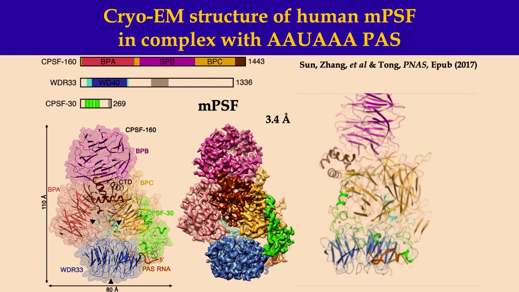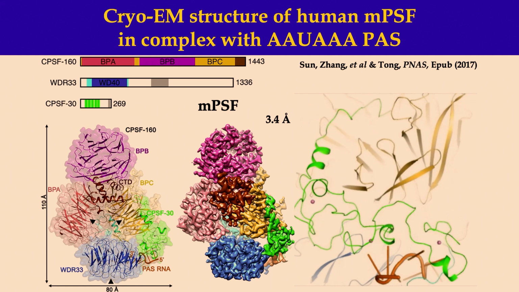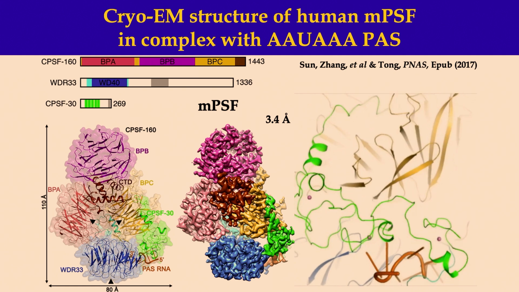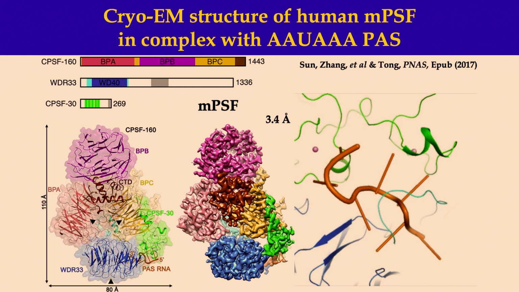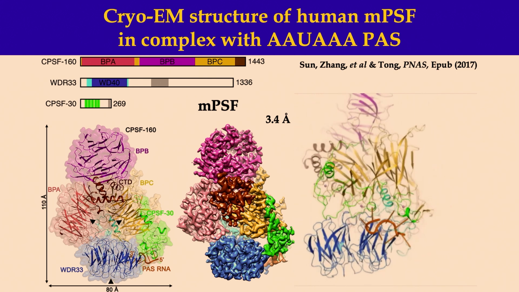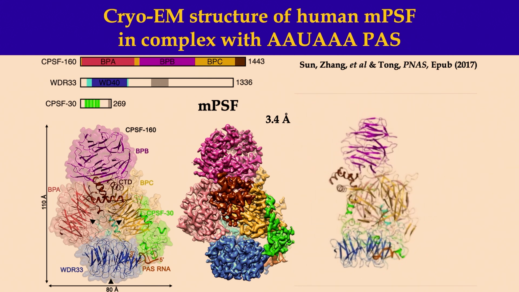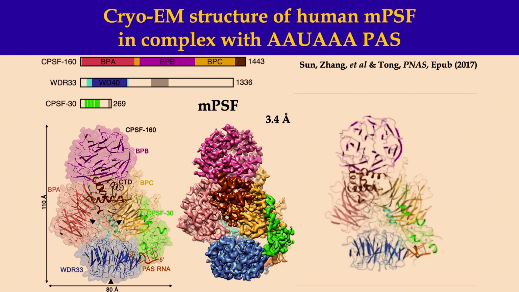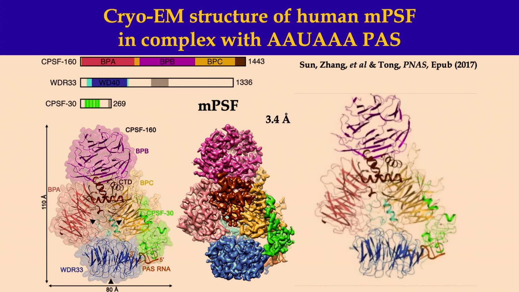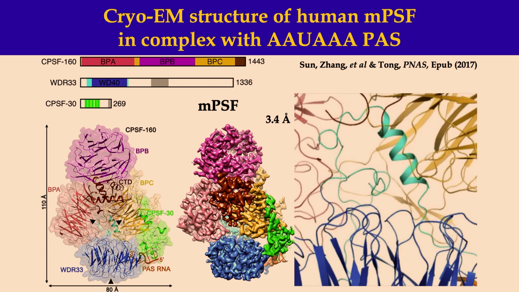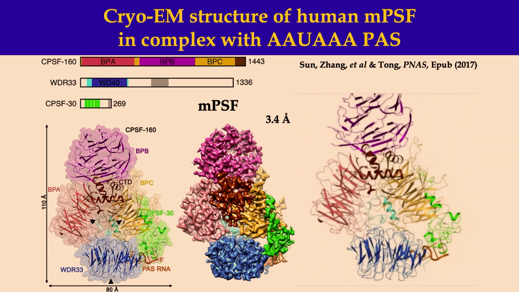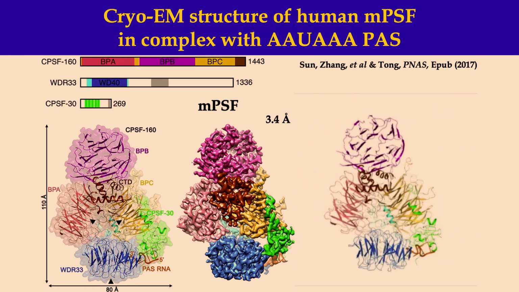You see 1 zinc, 2nd zinc, 3rd zinc. So 3 zinc fingers. Zinc fingers 2 and 3 are important for binding RNA. Zinc finger 1 right here is important for interaction with CPSF160. That's why only the first 3 zinc fingers are observed in our structure. The next 2 zinc fingers, the rest of CPSF30, are disordered. We don't see them.